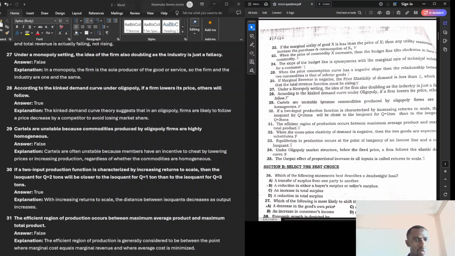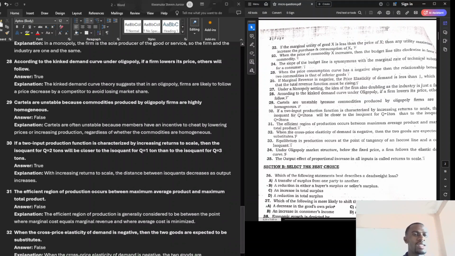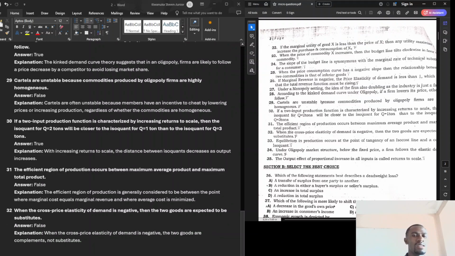I'll do more research on this one. But what we should know is that when a two input production function is characterized by increasing returns, the distance between the isoquants keeps on decreasing as output increases. I've forgotten the right explanation for that, but that is it.